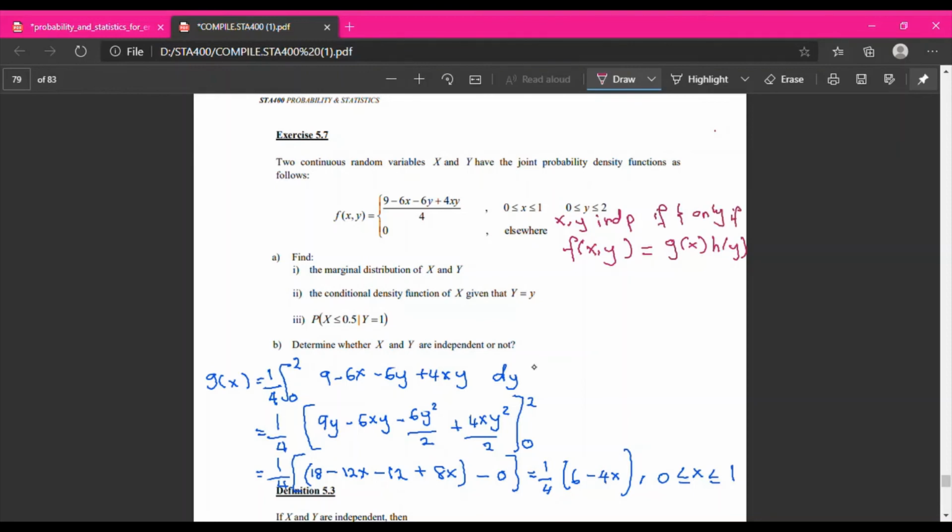So this is fxy. Now we want to check the multiplication of the marginal of x and the marginal of y.